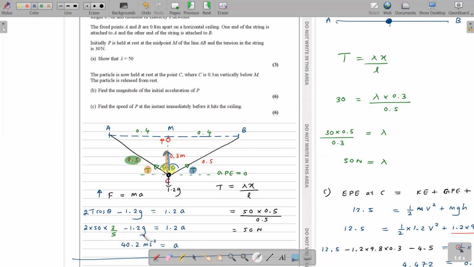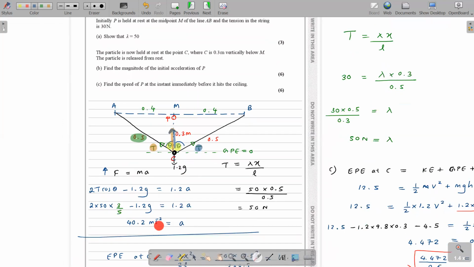Minus 1.2g equals mass times acceleration. 1.2 is the mass, and acceleration is what you're trying to find at this very specific point. Then you can finally simplify and give your answer. I've used g as 9.8 and I'm giving my answers to 3 significant figures. Okay, guys, so this is my approach to doing this particular sum.